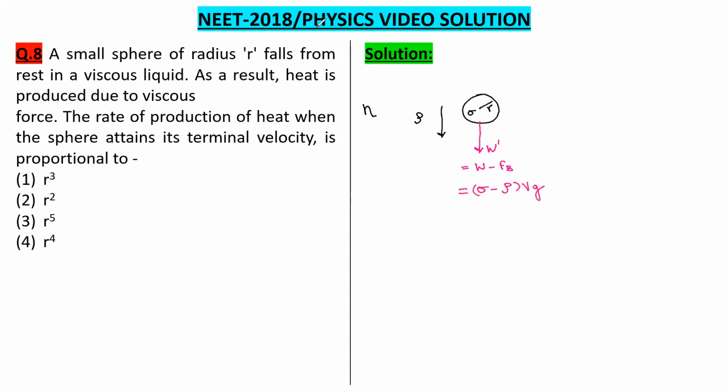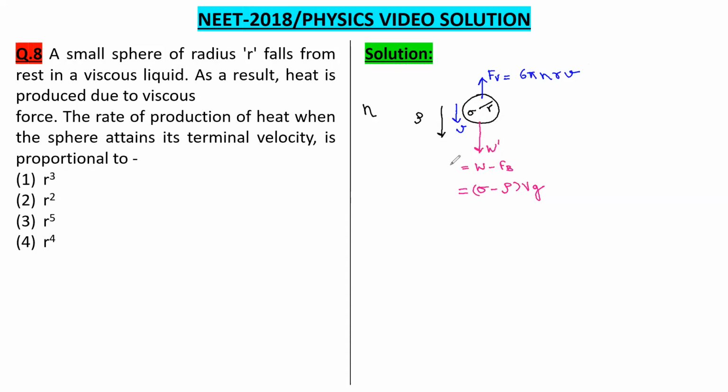V is the volume, and the other force is the drag force, that is the force due to viscosity. Its value, when the velocity of the sphere is v, is equal to 6 pi eta r v. As the body falls, velocity is increasing, and so is Fv.